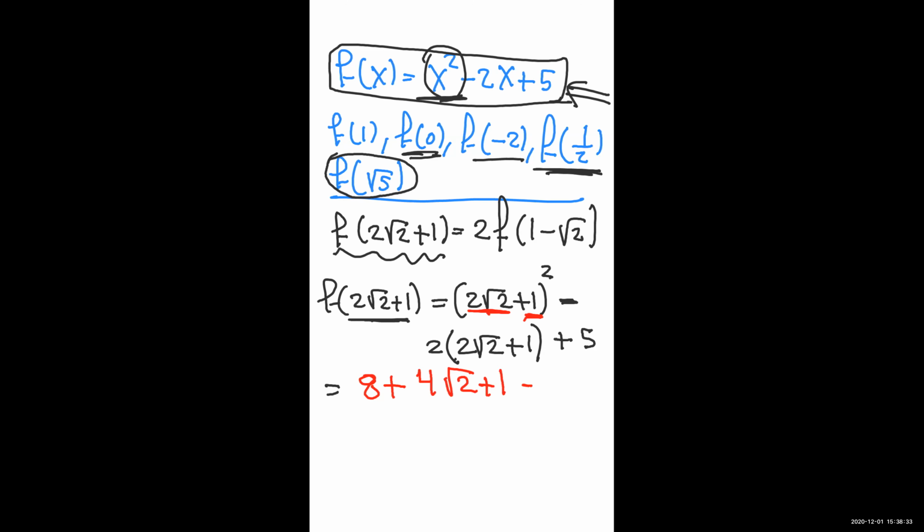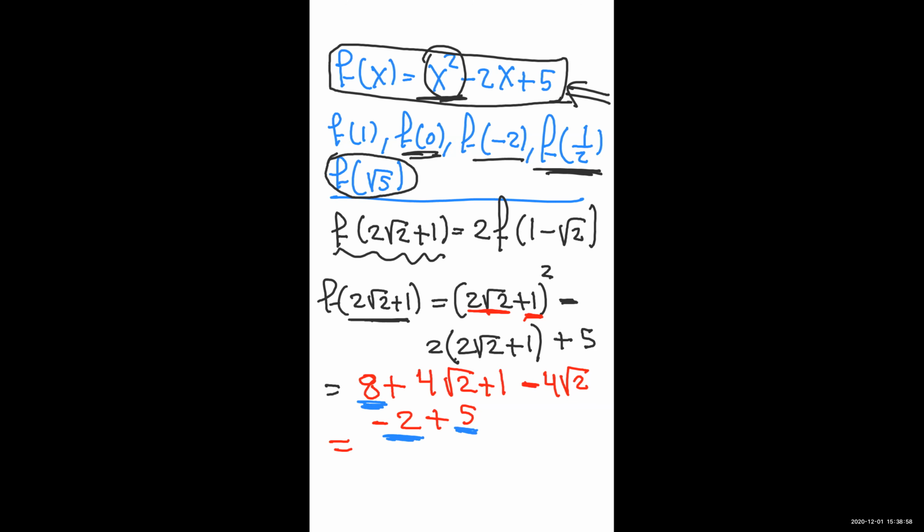Minus 2 times 2√2, so minus 4√2. Then minus 2 again times positive 1, so negative 2. Then plus 5. Now simplify it. This one is 8. This one is negative 2. This one is 5.